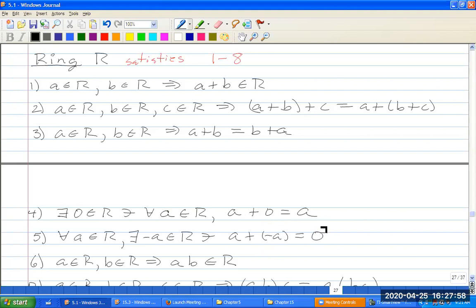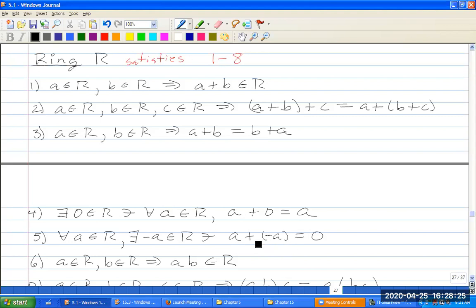Another way of stating this is that I can always solve the equation A plus x equals 0. It's also a left additive inverse by commutativity.